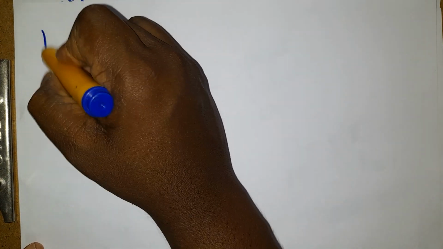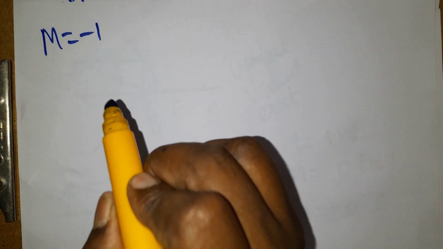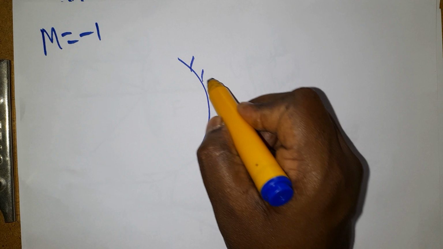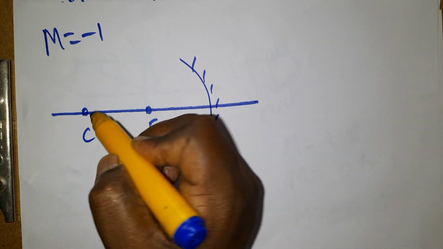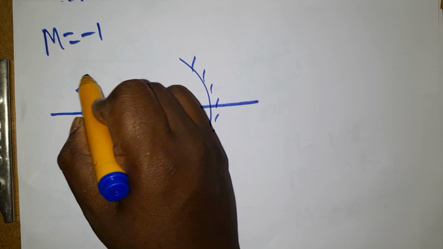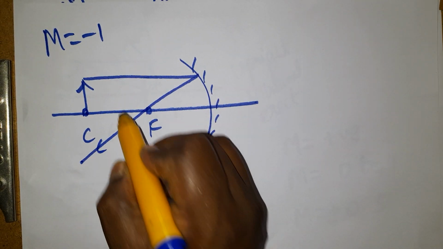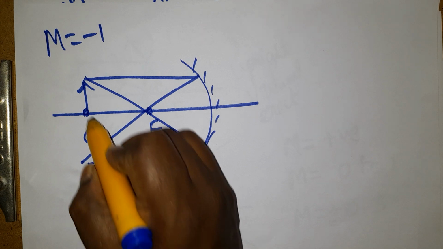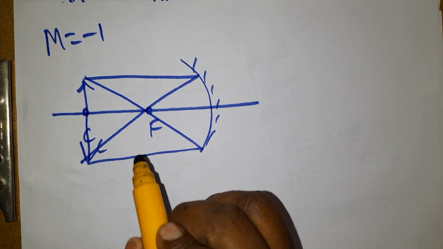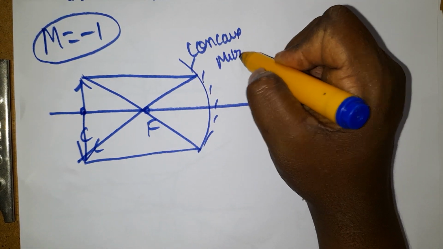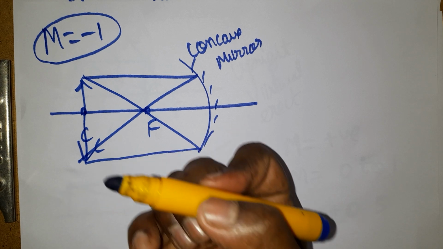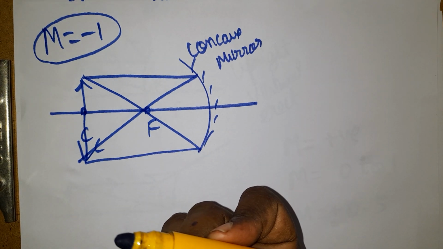Now if you are asked to draw the diagram for the mirror condition, like this, F, here will be C. The object is exactly at C. The parallel ray will go through the focus and the focus ray will be parallel. An inverted, real and same size image will be produced. Magnification is equal to minus 1. It is a concave mirror. Very, very important condition. We already got this kind of question in an exam.